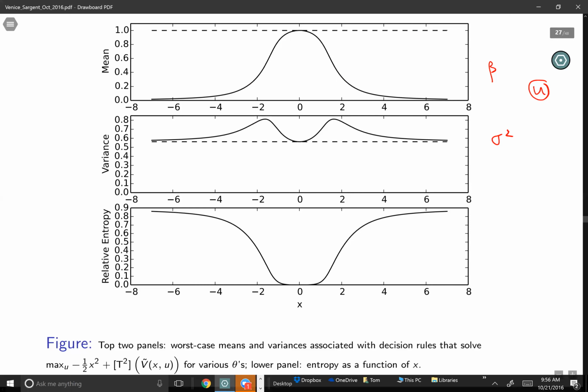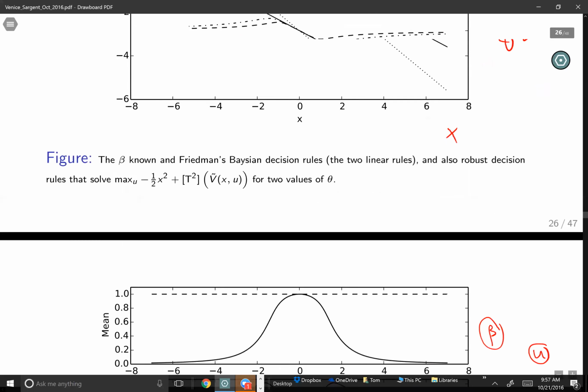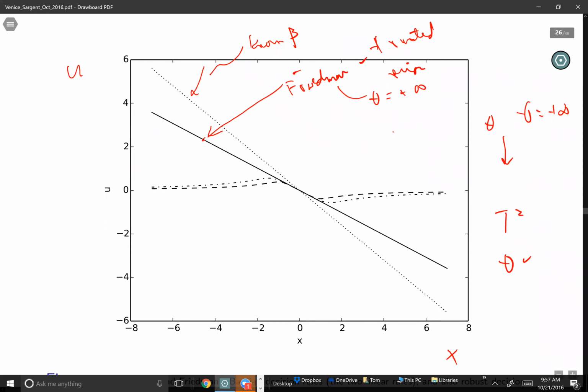He just leaves the variance where it was, where we made it, and he leaves the mean unaffected. But for other x's, in either direction, he lowers the effectiveness of the instrument. It becomes much less effective, and he also increases the variance, so you don't know what's happening, and because of that, you end up doing a lot less.